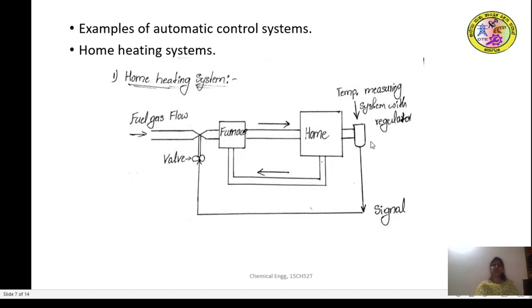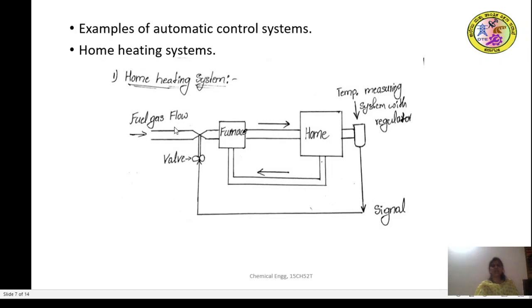instrument, which is less than 25 degrees centigrade, again the signal is being sent to the final control element or the controller in order to open the valve, to send the fuel gas to the furnace.